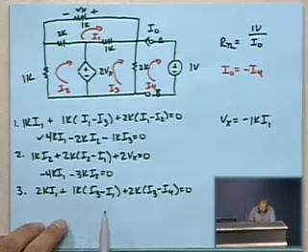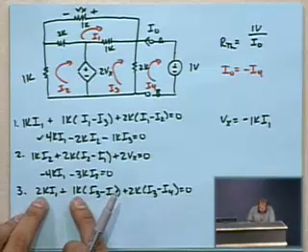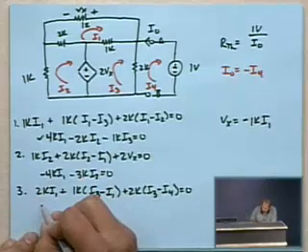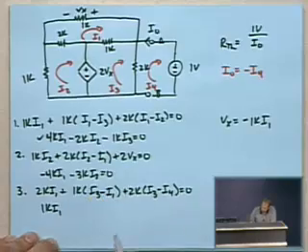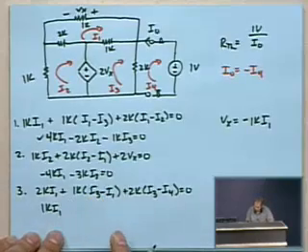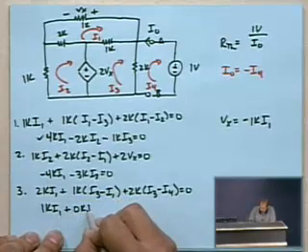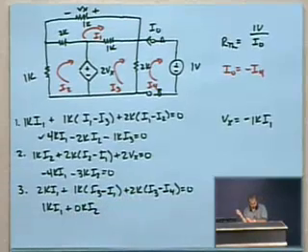Simplifying, positive 2K I1 and negative 1K I1 give us a total of 1K I1. We've got no I2s in there, so we'll stick in a 0K I2 as a placeholder, so we don't forget it.